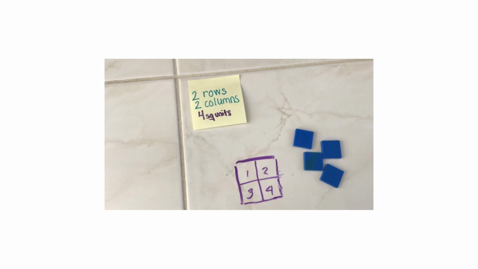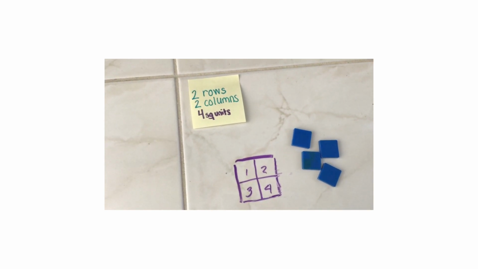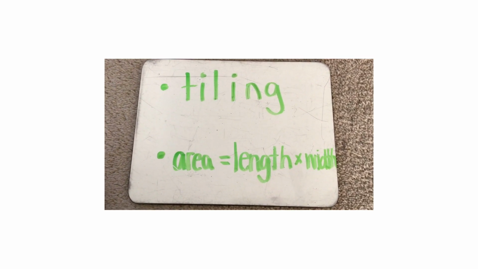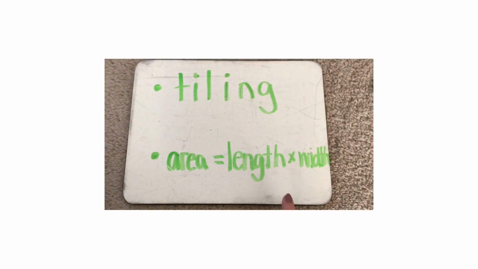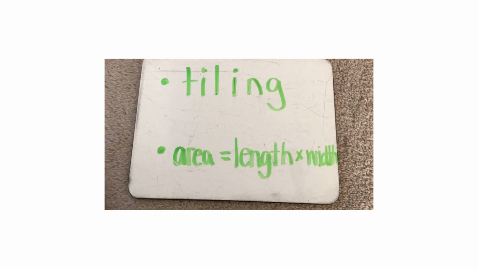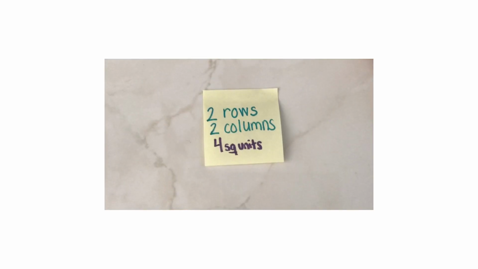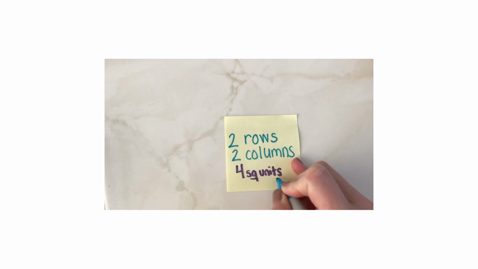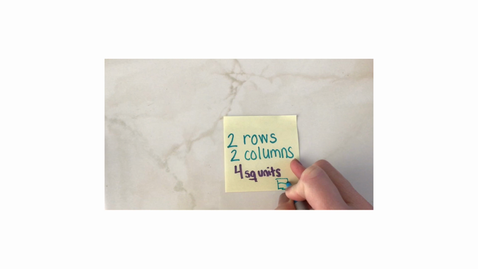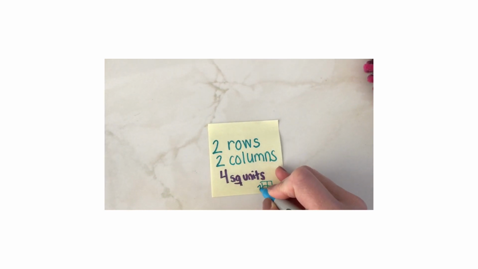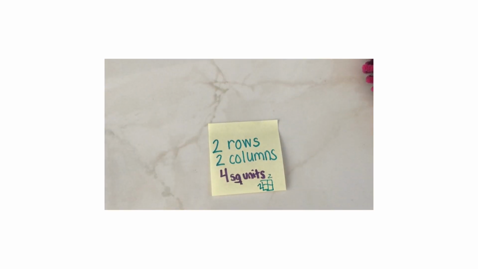Now, there's another way that you can find area. The second way you can find area is by multiplying the length times the width. If I come back to my first example, I would have my picture right here. I'm going to draw it down at the bottom. I have 2 rows and 2 columns.